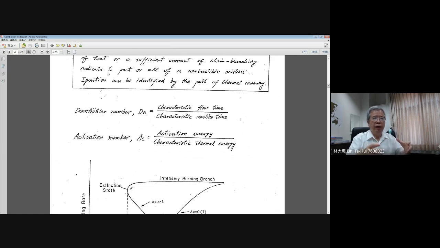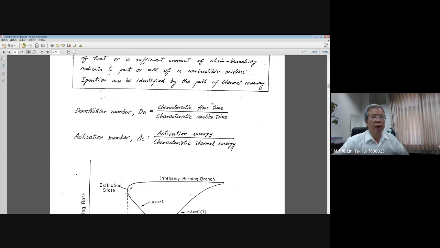If the flow time is long, they can stay in this control volume to initiate the chemical reaction and complete the reaction. If you have a large flow time, it is good for you to ignite the premixture. In the same sense, if the chemical reaction time is very fast, you still can have a good ignition.